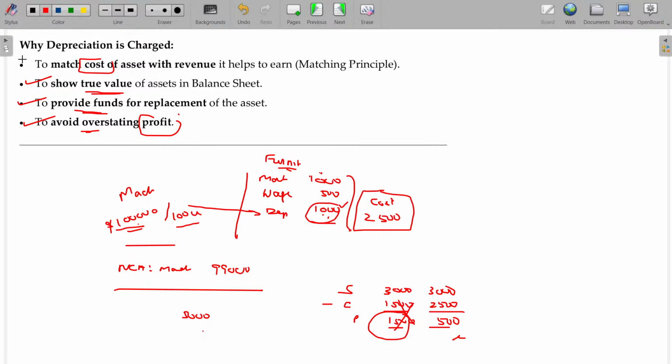So match the cost of the assets with the revenue. This is the matched cost; this is unmatched cost. Only then will the cost and profit be correct. So for cost calculation, profit calculation, the proper true value of the asset in the books, and replacement of your assets, for all these things depreciation is charged.